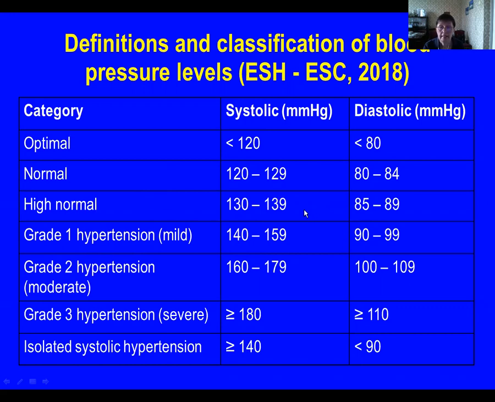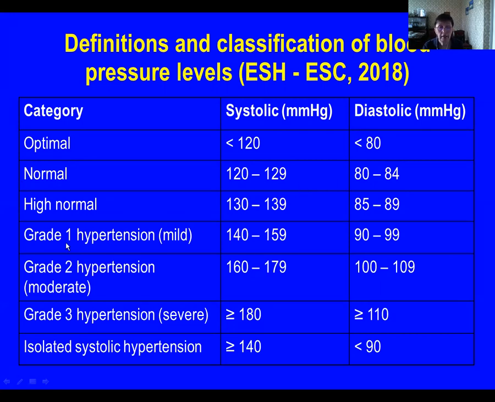If it is less, it is not considered hypertension in Europe, but we have a category of high normal blood pressure, and in most guidelines they advise, when we treat hypertension, to lower the blood pressure to the level which is considered normal, this one. So it should be less than 130 and less than 85.